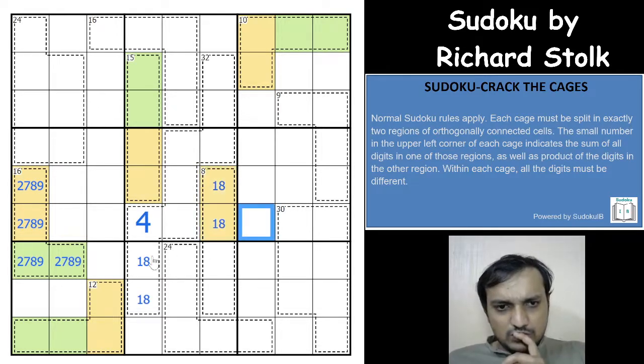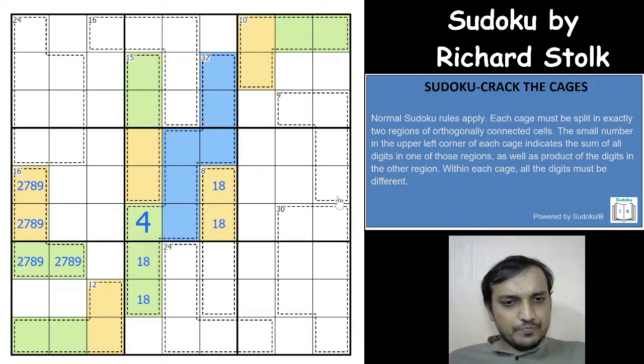Product of these two digits is 8 and product of these three digits is 32. Sum of these digits would have to be 32 and sum of these two digits would have to be 8. So it cannot be 7 1, it can be 2 6 or 3 5. We are not sure of it.